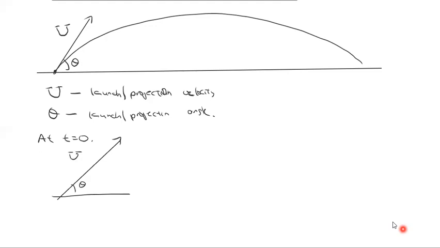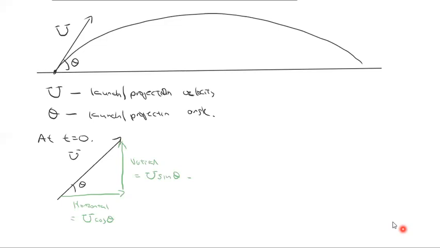From year 11, hopefully you can see that you can use trigonometry to split it into a horizontal component and a vertical component. So this is the horizontal, and this is the vertical. The horizontal component will be u cos theta, and the vertical will be u sin theta.